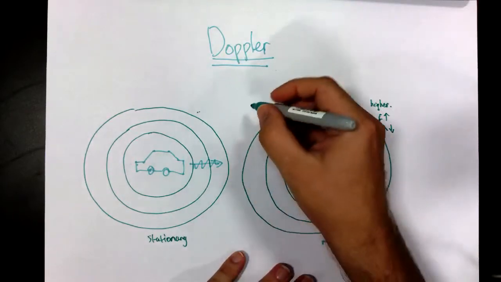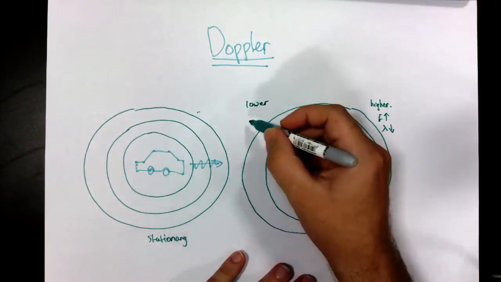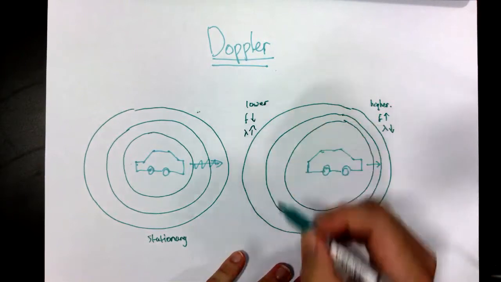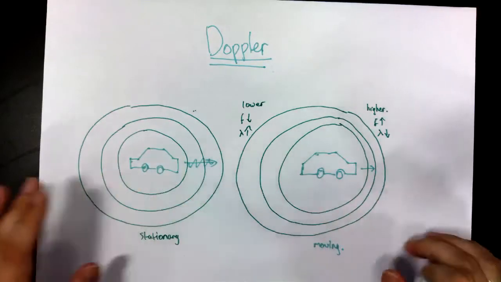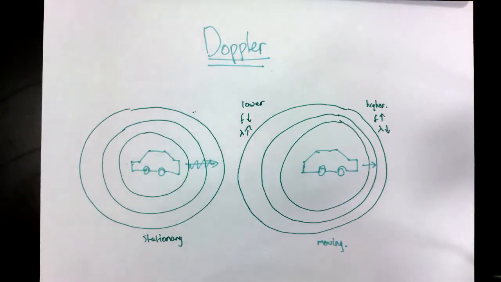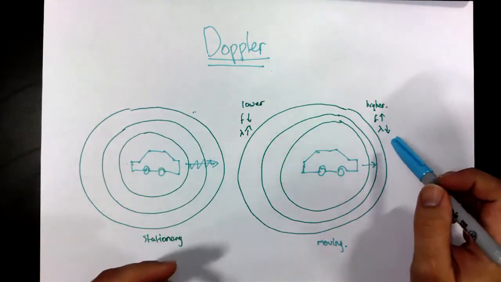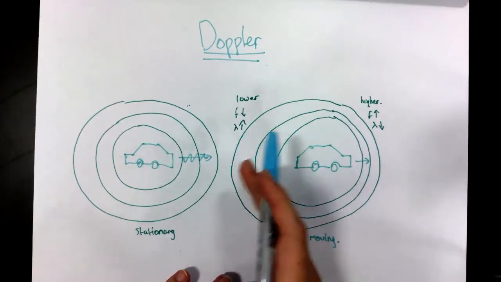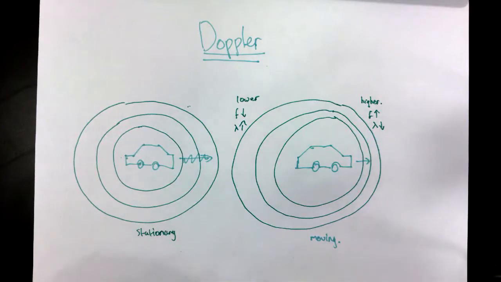So we can say that it's a lower pitch sound, as a result of a lower frequency, but this time a higher wavelength. This is the general principle around the Doppler effect, and why we hear these changes when something is moving towards you and when something is moving away from you, as a result of the changing wavelength and hence frequency.